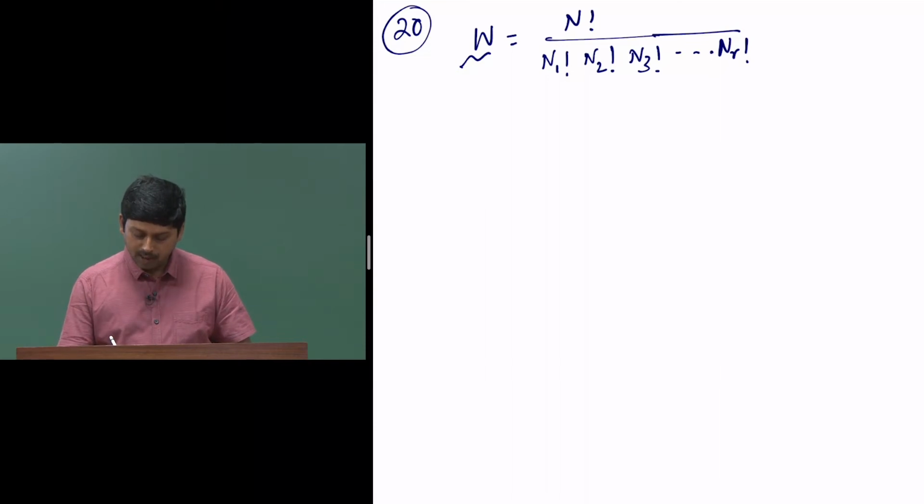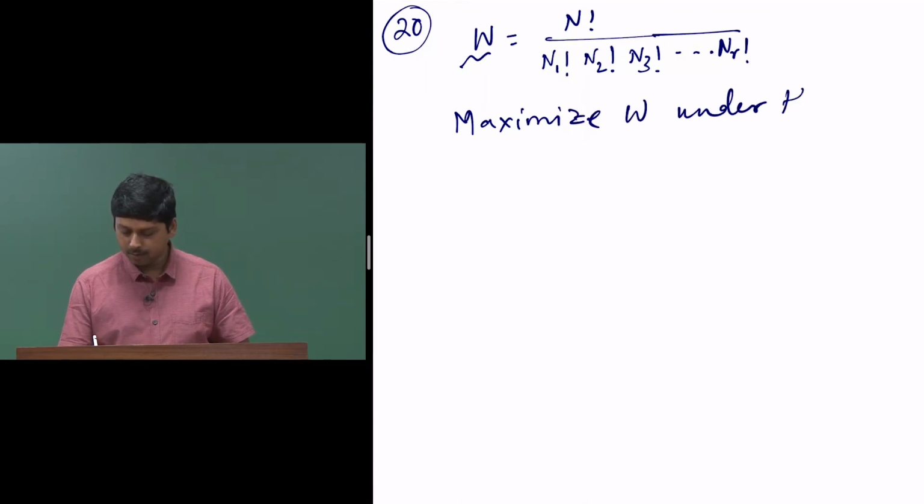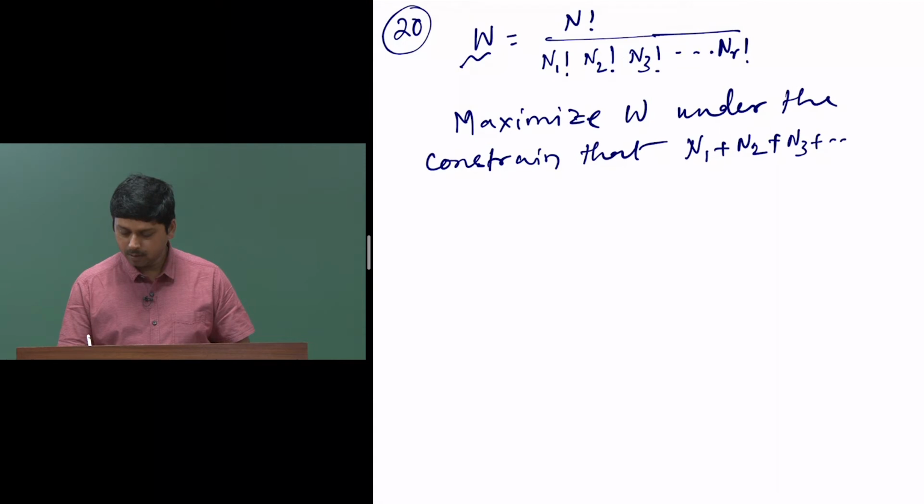So, here we have to maximize W under the constraint that N 1 plus N 2 plus N 3 plus up to N R is equal to N.